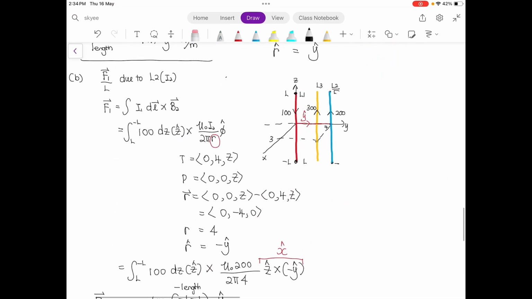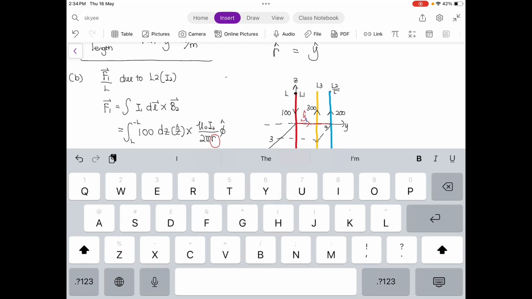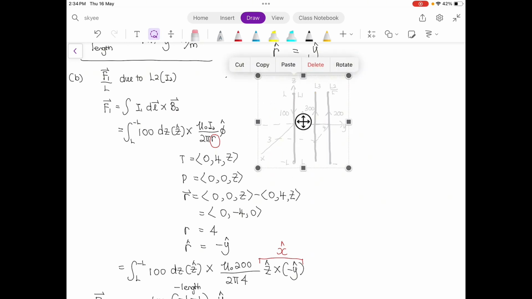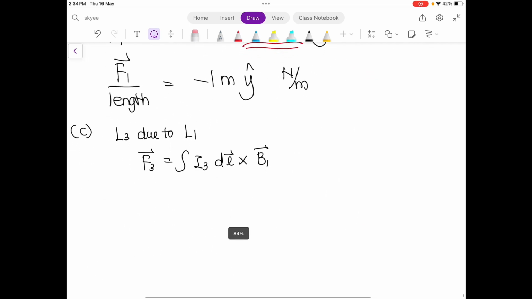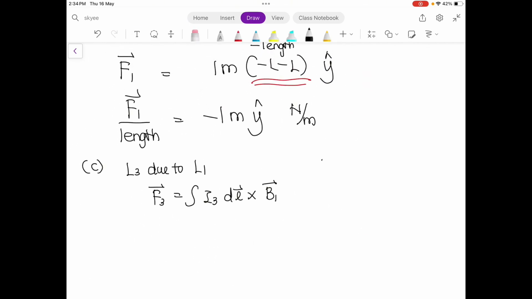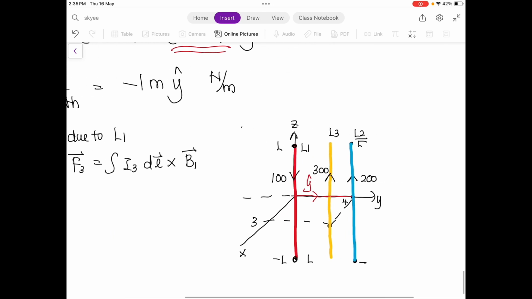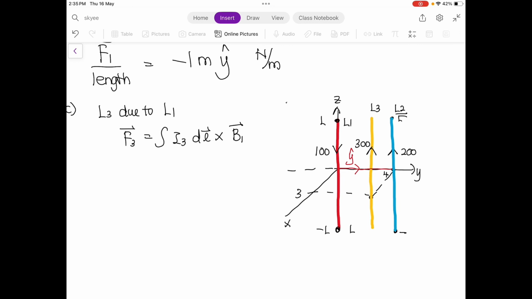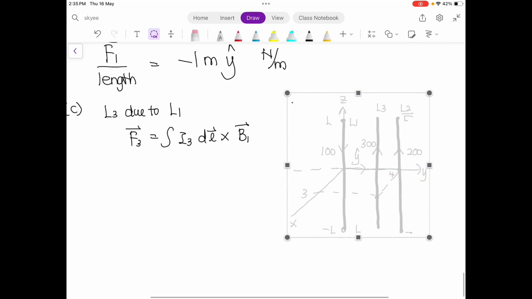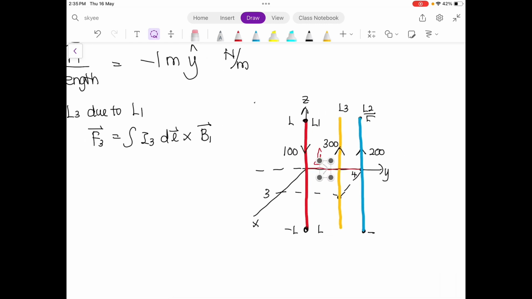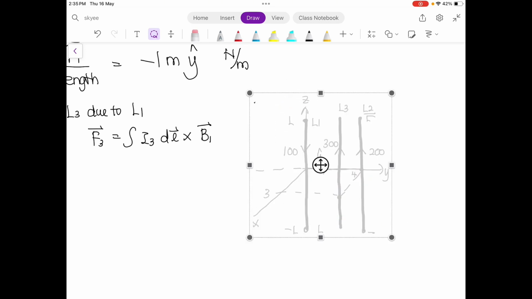So we take again this drawing. Okay, this is the equations, and this is a drawing. Let me move it a bit.